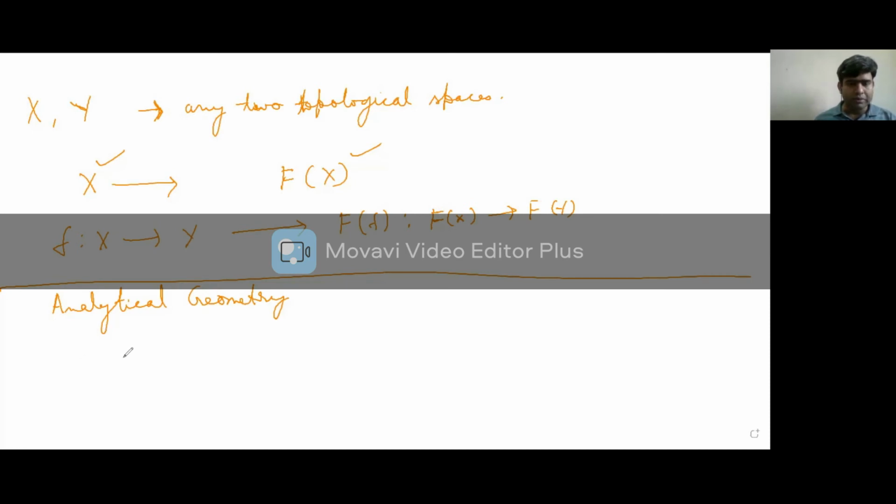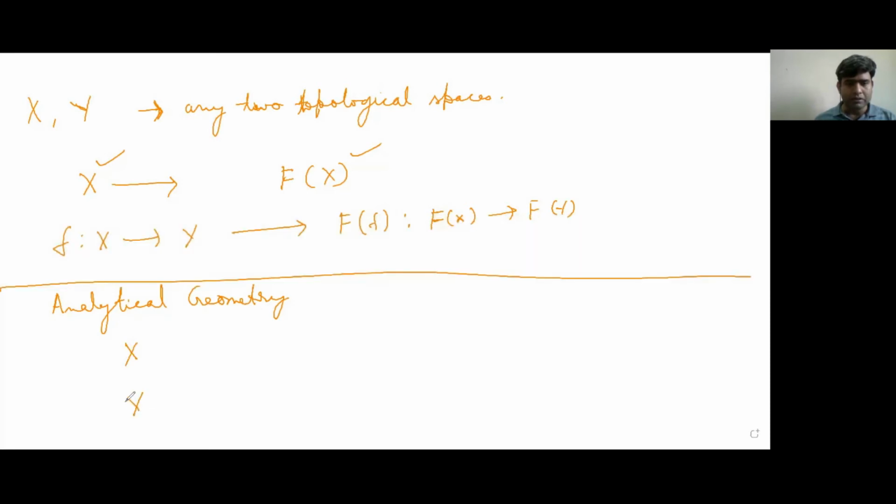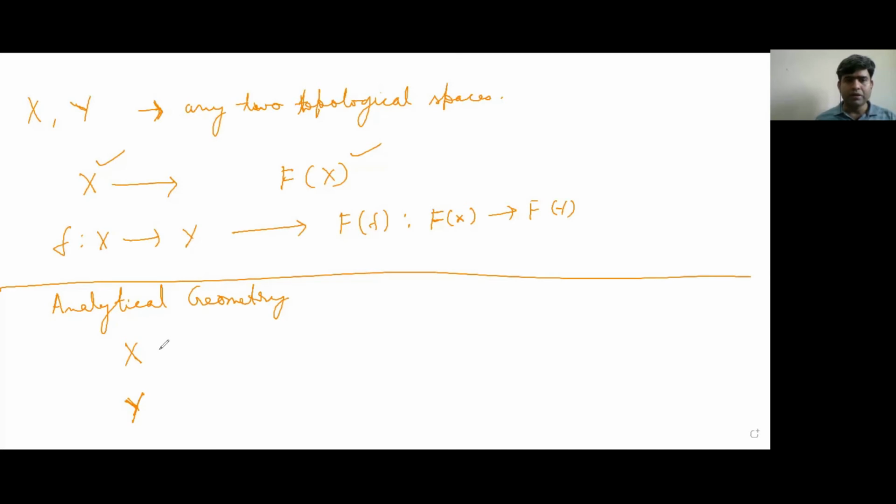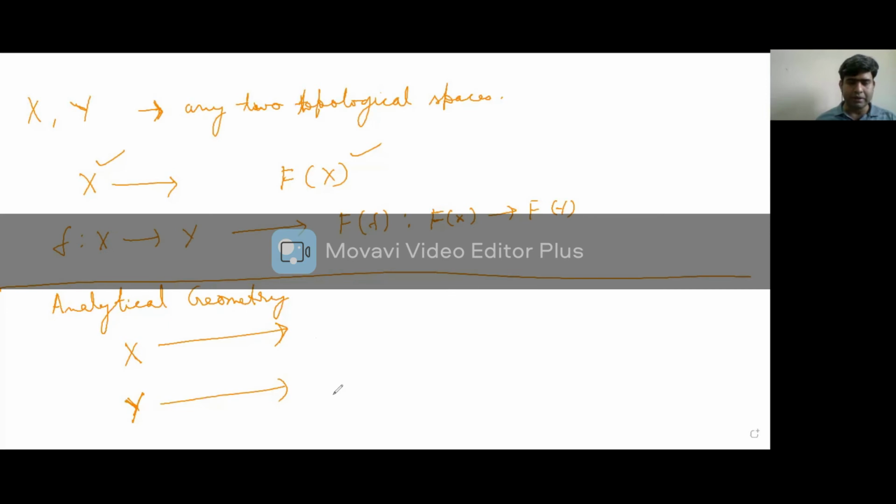Given any two geometrical objects x and y, if x and y are different, then the equations representing x and y will be different.